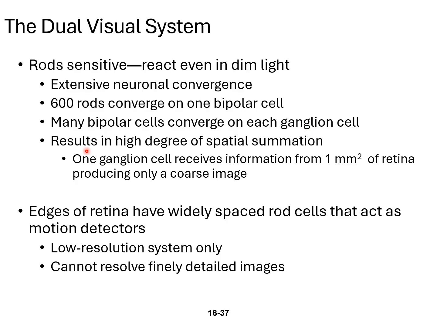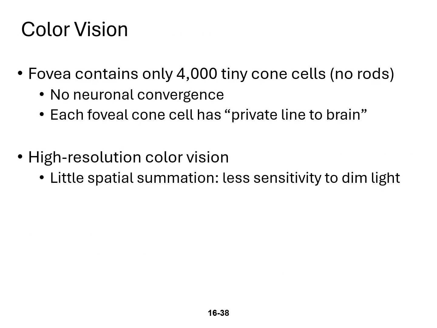We don't see very high definition with rods because each ganglion cell is showing us inputs from over 600 rods or thousands of rods. The edges of the retina have wider spaced rod cells that act as motion detectors. That's why with your peripheral vision, you can see movement, but you cannot see finely detailed images.